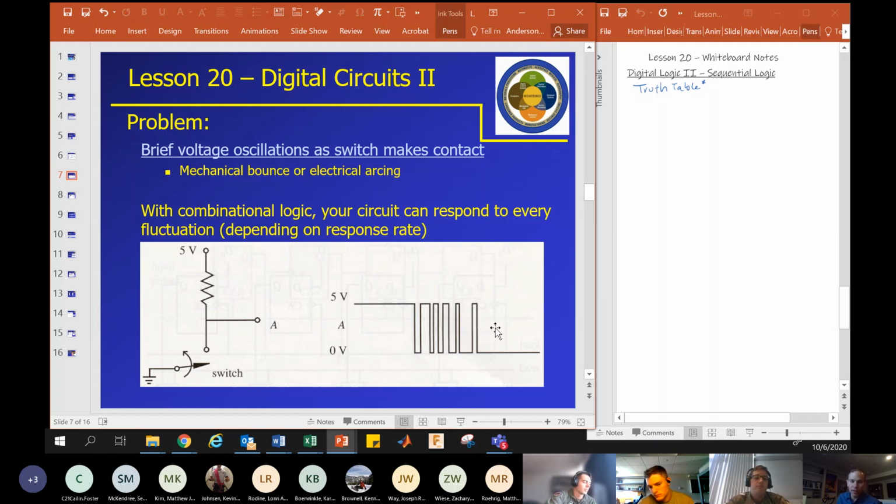For turning on a light switch, we can live with that. There's no problem with the light momentarily flickering on and off before it settles on being on. But in a digital logic device or a computer, this could be devastating. We're going to see in the lab, you're going to create a system that counts how many times a switch changes position.